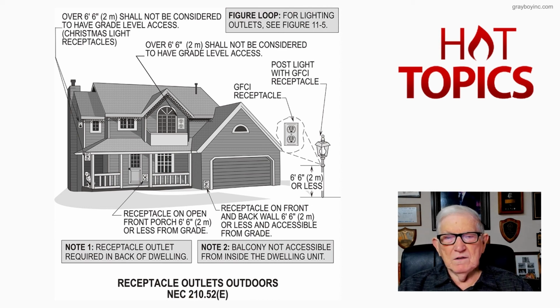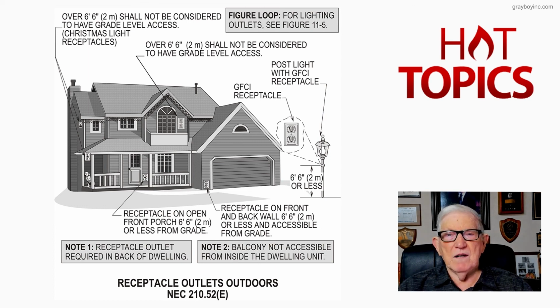So basically then, this is what we're saying. If you want to put a receptacle up there, you can, but it's by the balcony. But it's really not considered a receptacle that would be considered the 6 foot 6 rule. You'd have to be below that. So you see that wouldn't be considered, and that's a window.